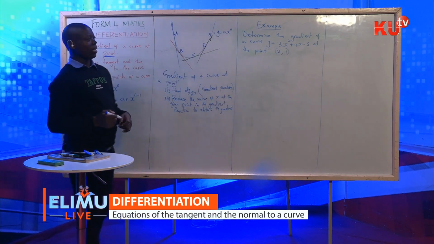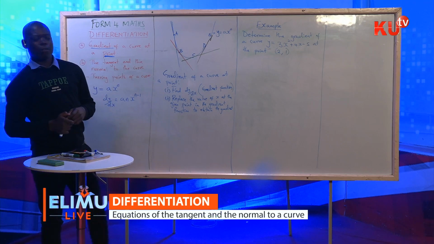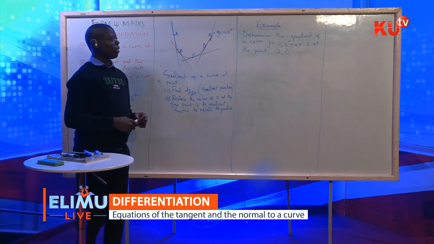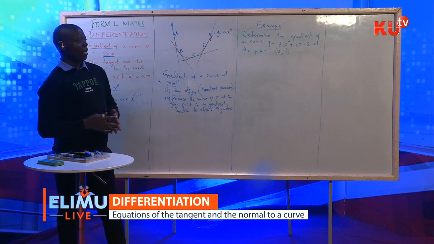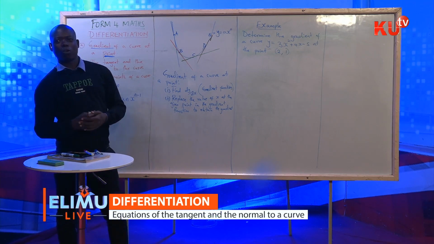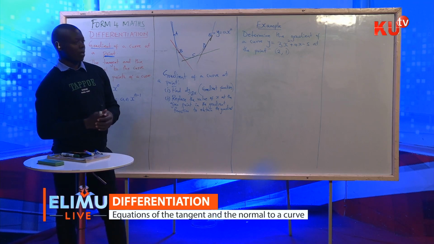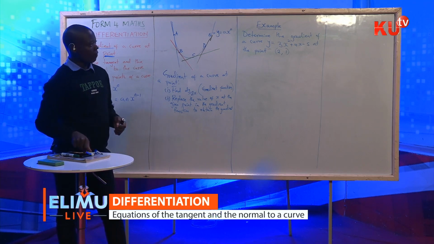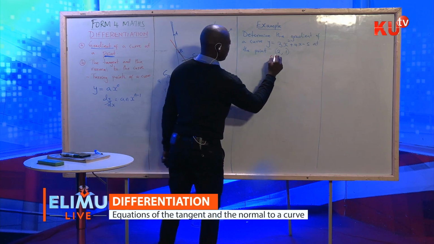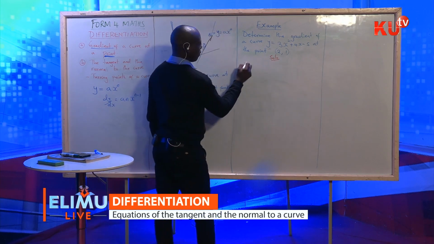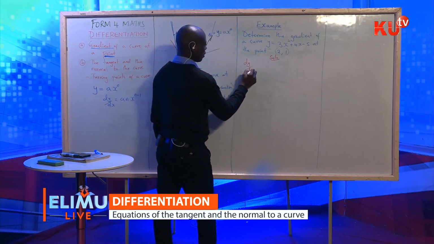We determine the gradient of the curve y is equals to 3x squared plus 4x minus 5 at the point 2, 1. Students, what do we do? Good. The first thing that we do is to find the dy dx. So let's differentiate.